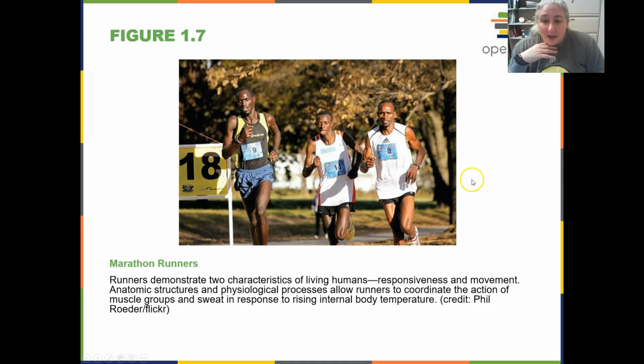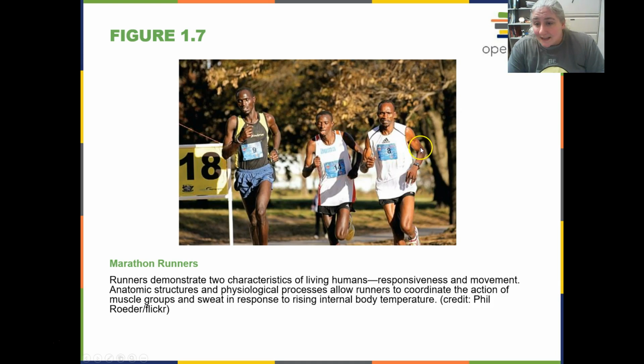And so these marathon runners are able to move in response to the release of ATP energy through that catabolic reaction. So they're releasing energy, and the energy is allowing them to move. They're also responding to stimuli.